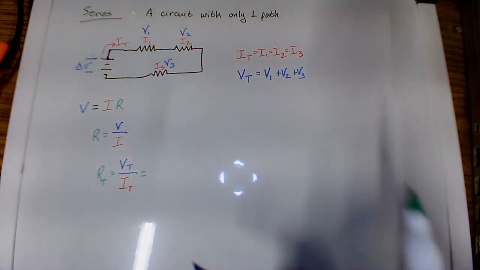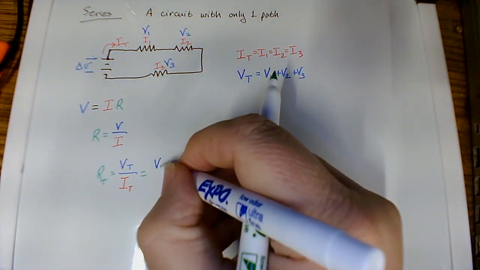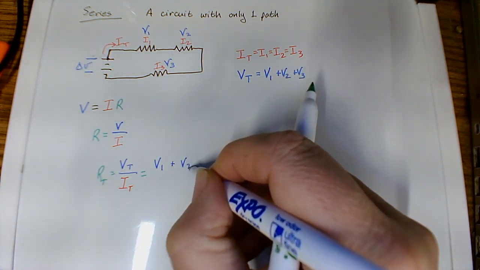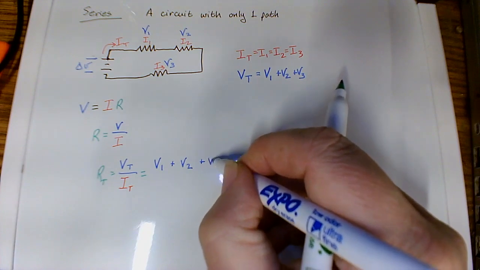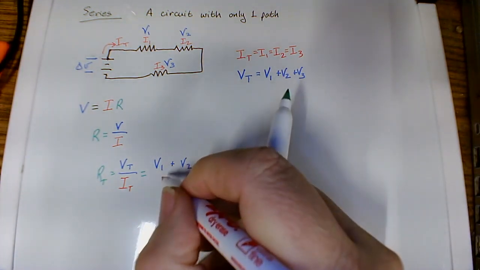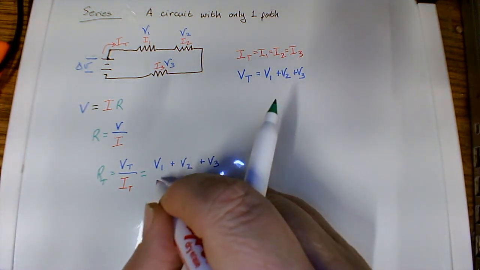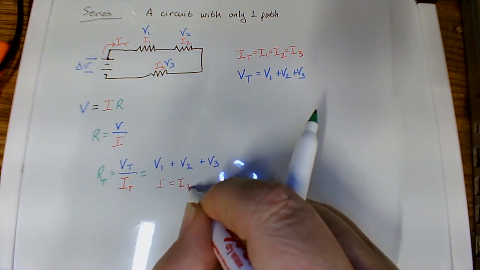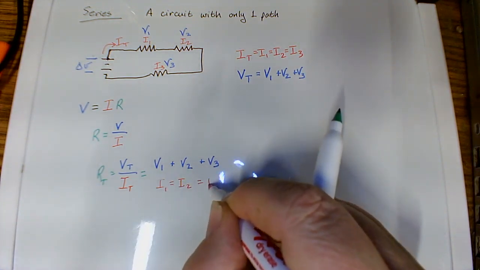So what we're going to get here is we have V1 plus V2 plus V3. And on the bottom, we're going to have I1 equals I2, which equals I3.